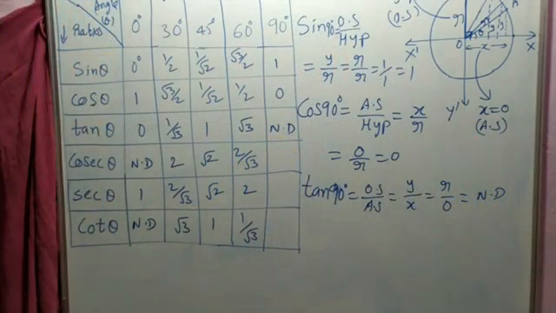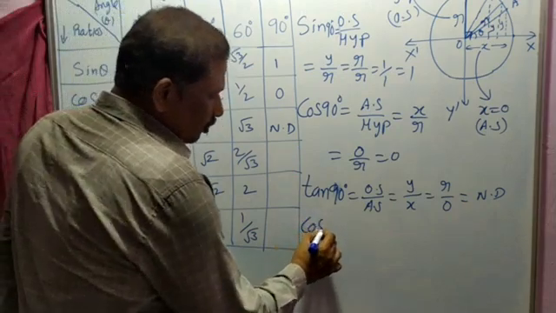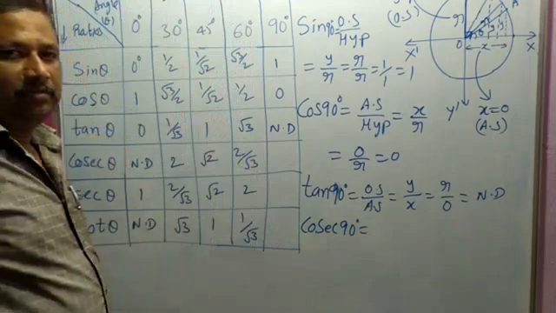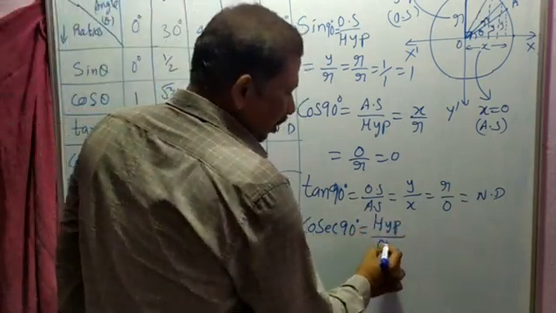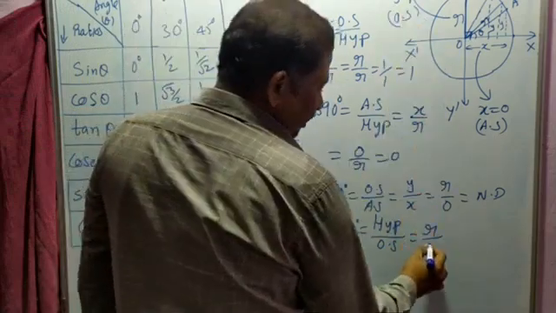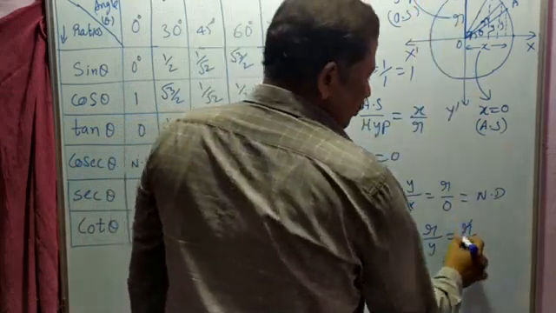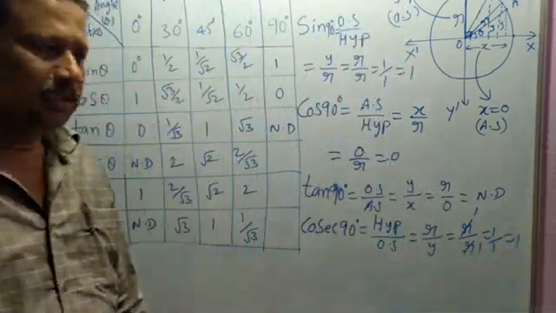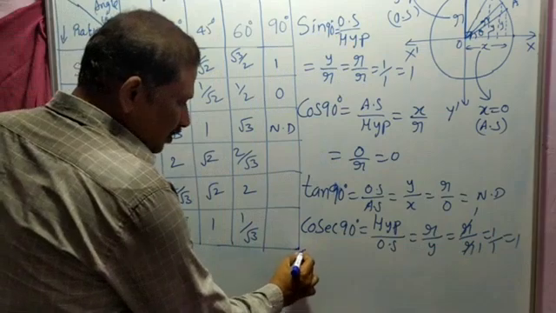Next, coming to cosecant 90 degrees. It is the reciprocal of sine, so hypotenuse by opposite side. Hypotenuse is r, opposite side is y, and here y is r. So r by r is 1. Next, secant 90 degrees.